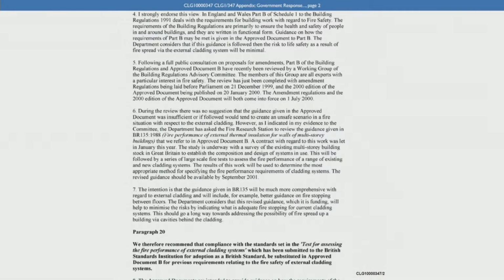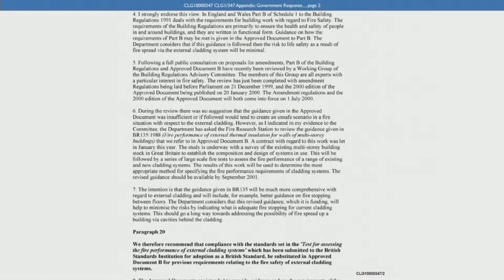It says this. During the review, there was no suggestion that the guidance given in the approved document was insufficient or, if followed, would tend to create an unsafe scenario in a fire situation with respect to external cladding. Now, leaving aside, Dr. Smith, the question of whether or not there was any such suggestion within the responses to the government's consultation on approved document B at the time, did you agree in 2000, when you looked at this, that there was no suggestion that the guidance given in approved document B was insufficient or, if followed, would tend to create an unsafe scenario in a fire situation with regard to external cladding?